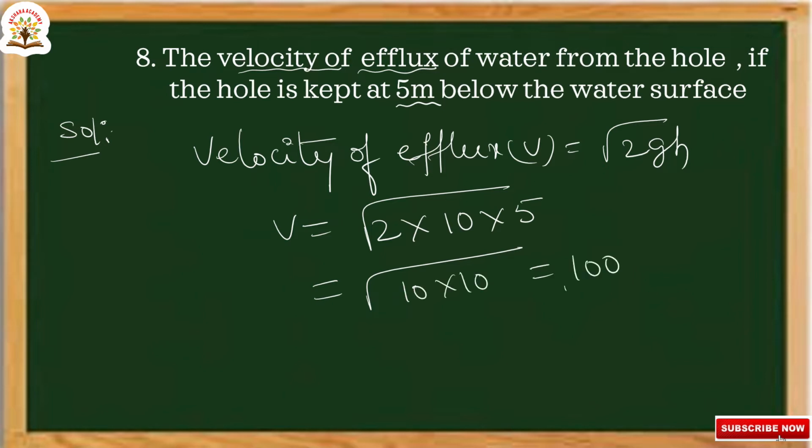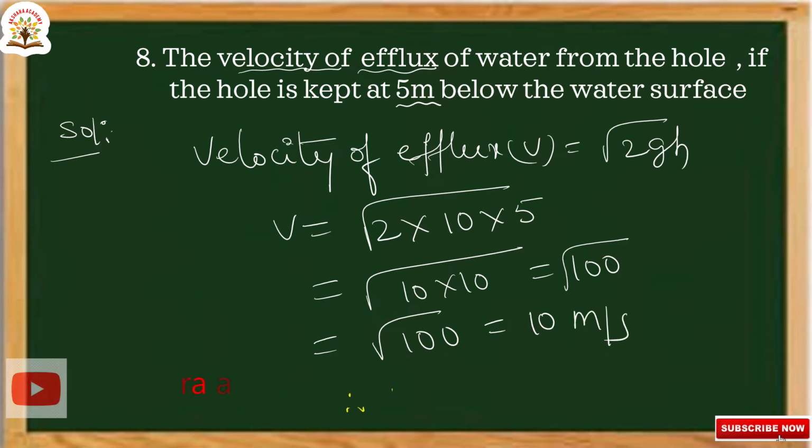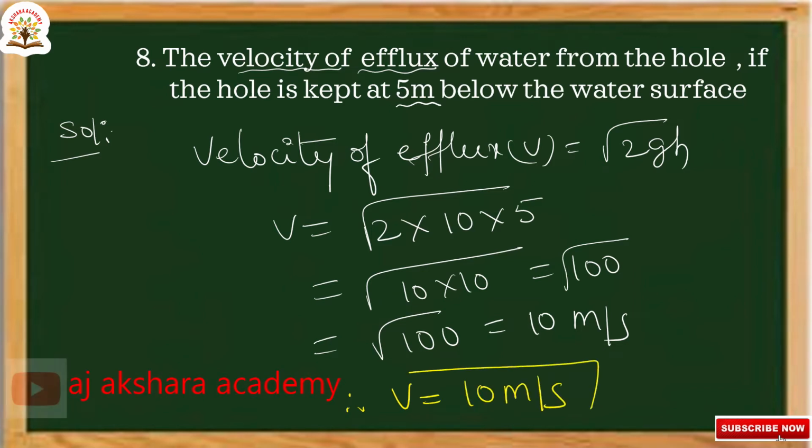Root 100 is 10 meters per second. So, velocity of efflux V is equal to 10 meters per second.